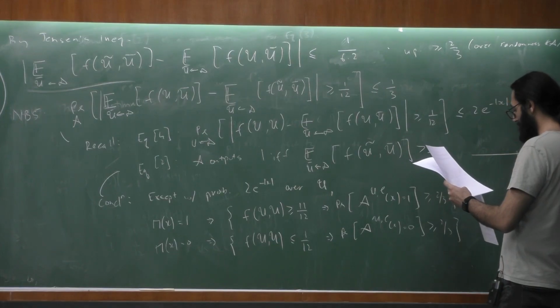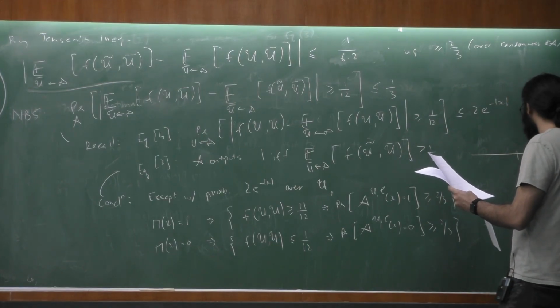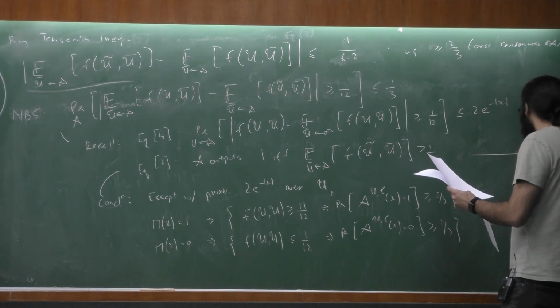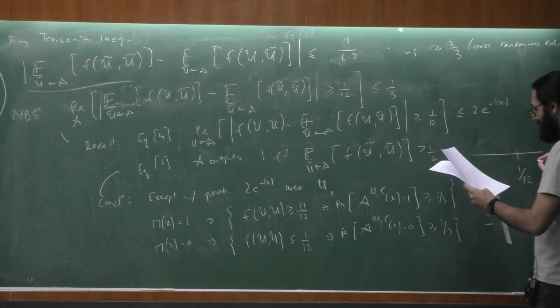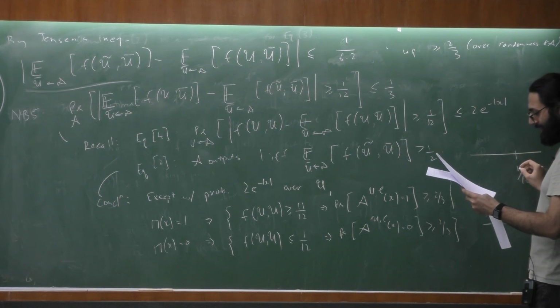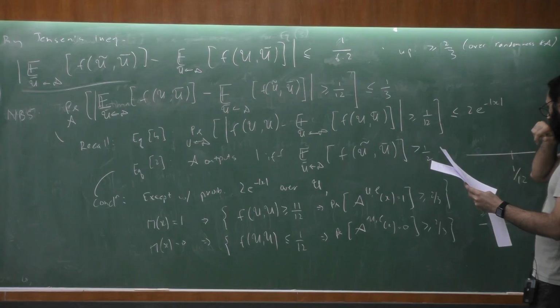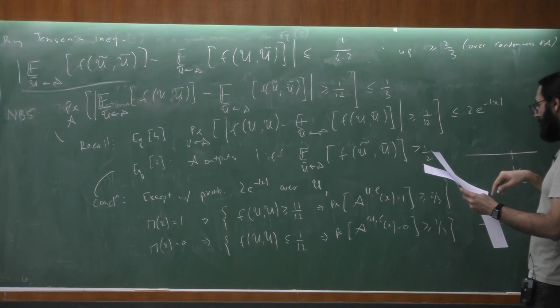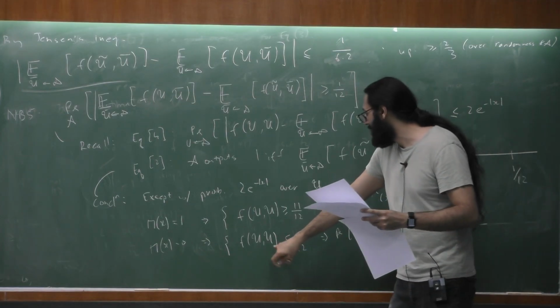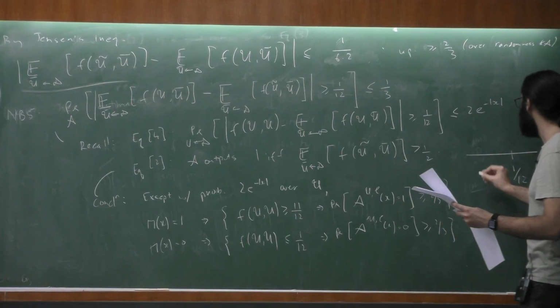Maybe the best way to do it is, suppose you're in the yes instance, is it? Because you have to work out the cases. Suppose we are in this instance, so f(u, u) is at most 1 by 12, so you're here.